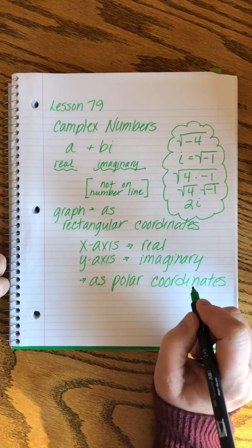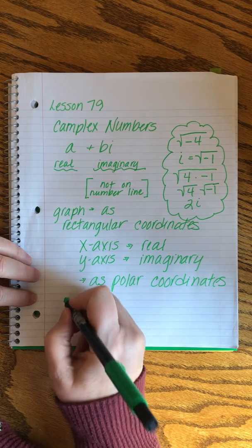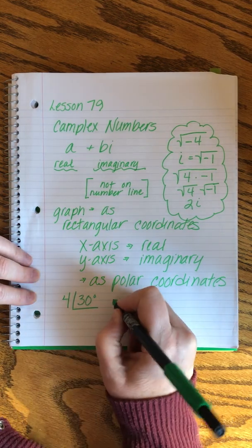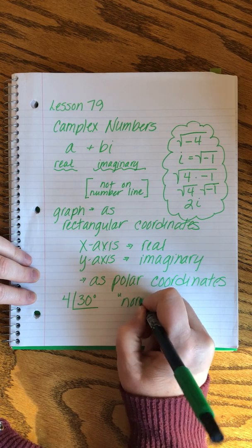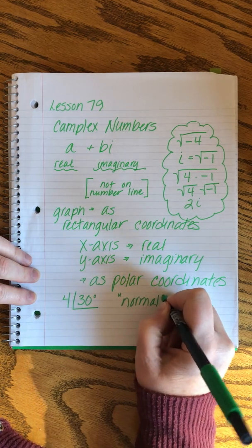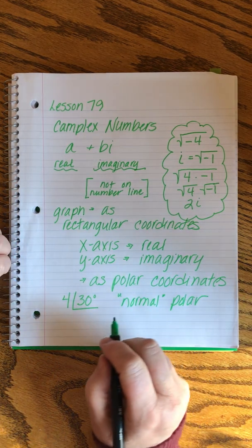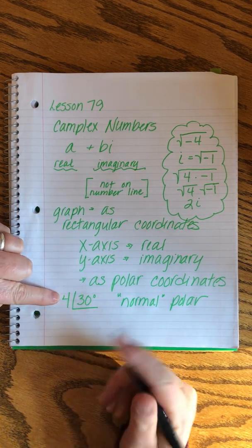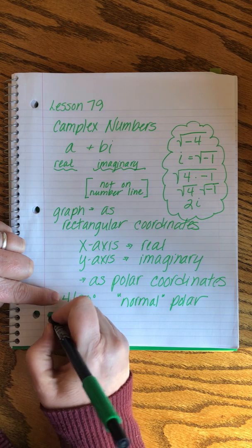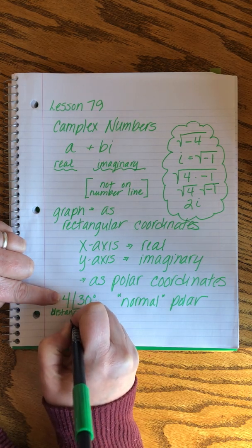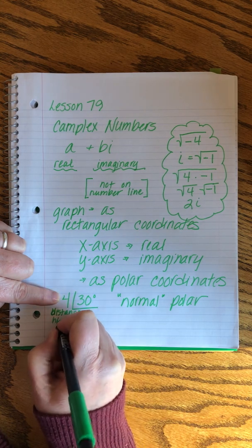Now, if we did it quote unquote in normal polar form, like this is what I'm going to call normal polar form, we know that this would be, sometimes we call it the distance. Sometimes we call this part the hypotenuse.